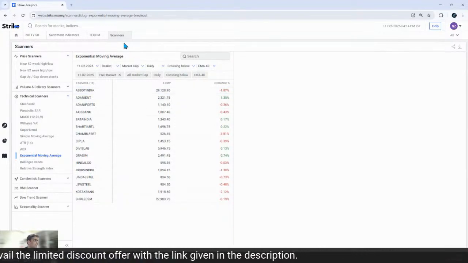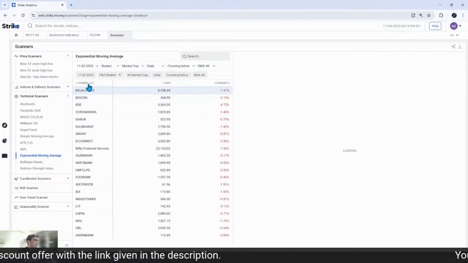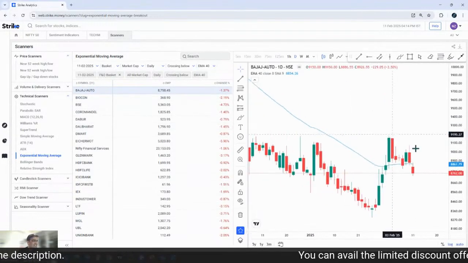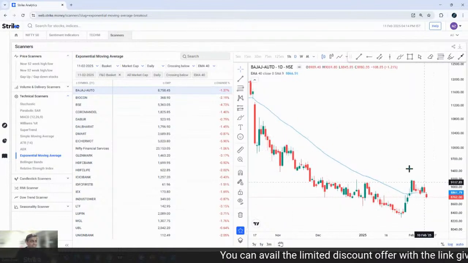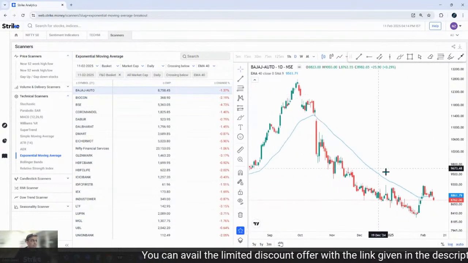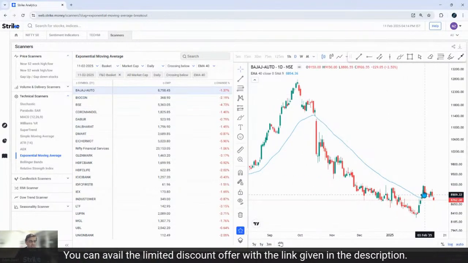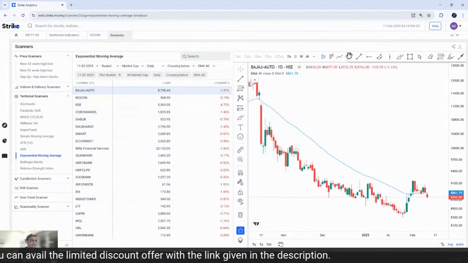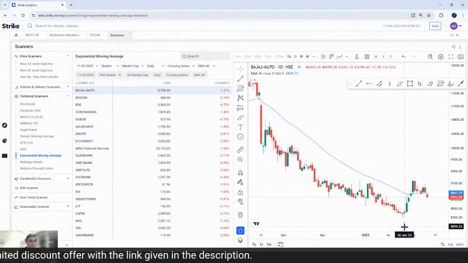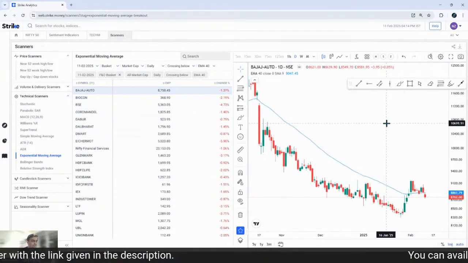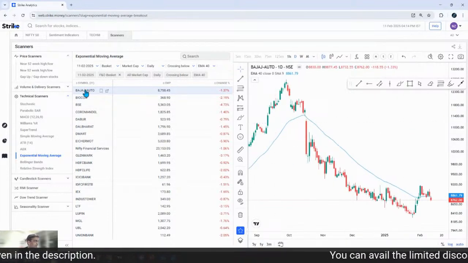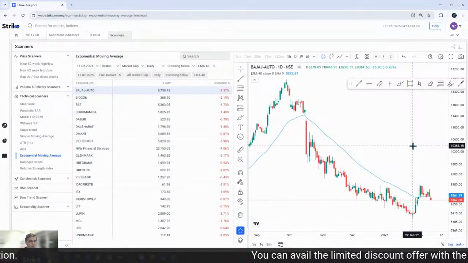All right. Now these are the list of 21 stocks which have crossed below their 40 EMA. So maybe Bajaj Auto is down here. You can do further analysis by putting up your momentum indicators and volumes. And from here you find out stocks, let's suppose Bajaj Auto.